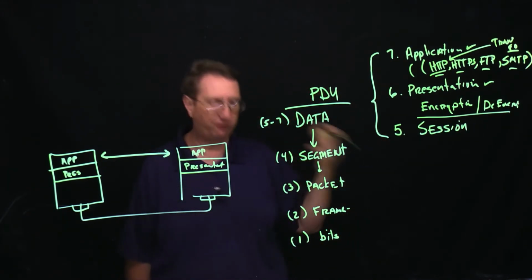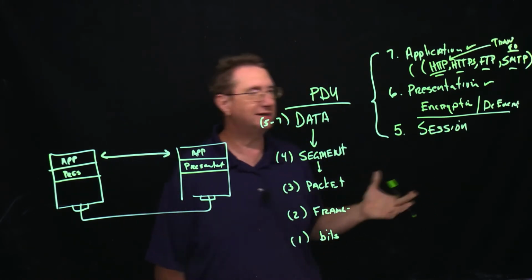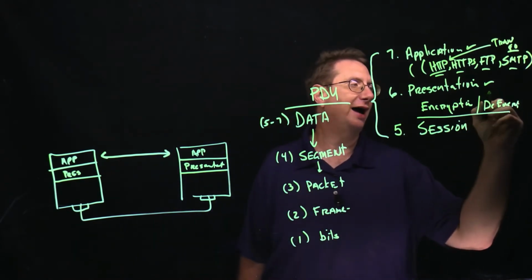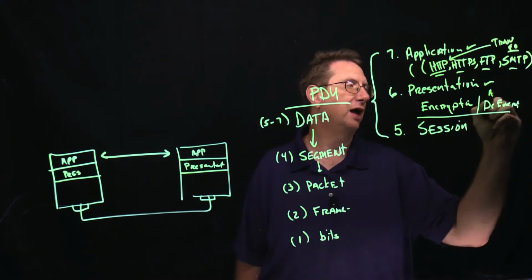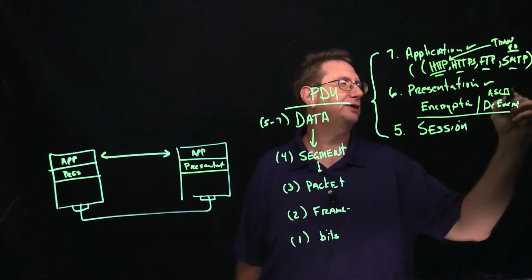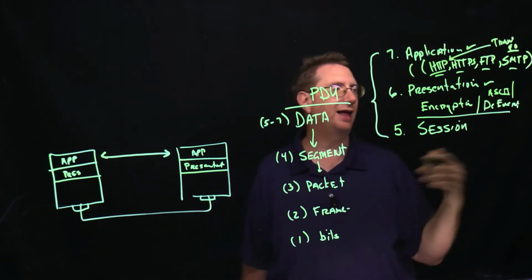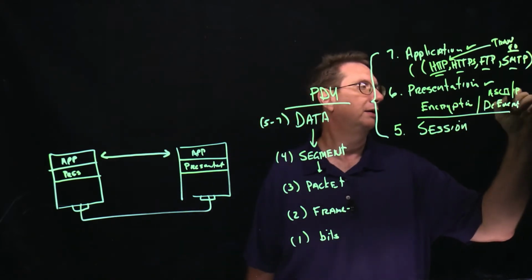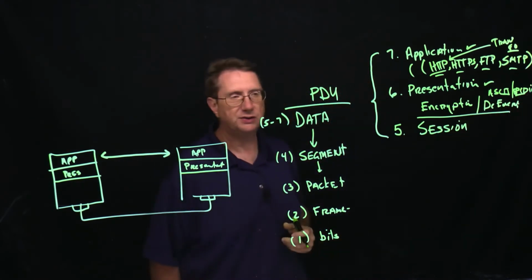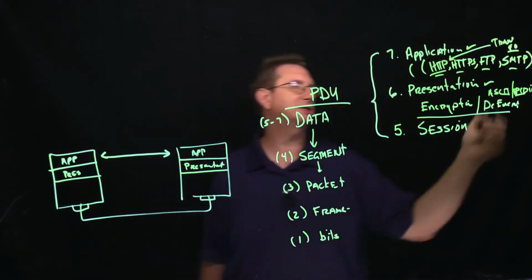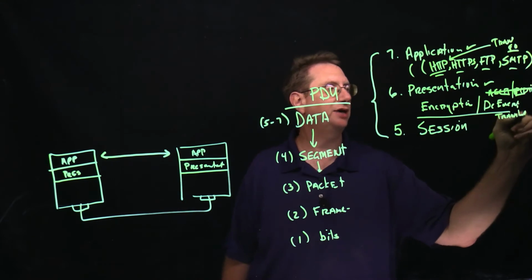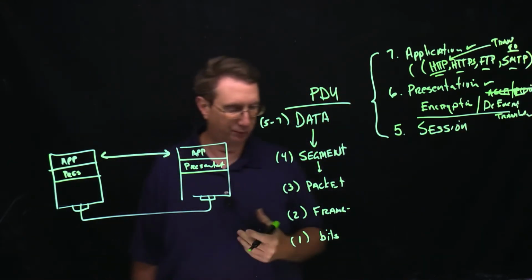It's also responsible for formatting information for presentation. It handles translation of configurations. So as an example, I can go from an ASCII configuration, and then at the presentation layer, I could actually convert that to an IBM EBCDIC config. So it's going to handle this idea of translation. In fact, I'll just go ahead and put in here, it's going to handle translation. And that's going to be communication translation with regard to the idea of presentation.